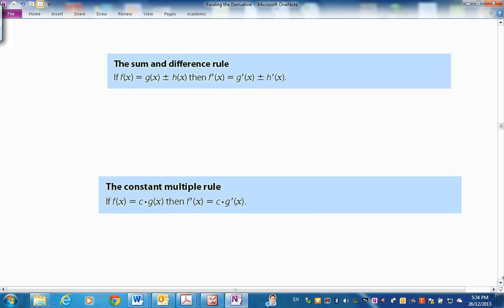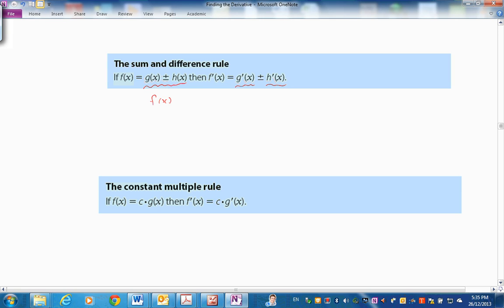Okay, the sum and difference rule. If you have two functions added or subtracted, the derived function is the sum of the derivative of the first plus the derivative of the second, or the difference. Now we can prove this from first principles, but Pearson's don't, and I'm not going to here because it's not actually within the course, but I will give you an example.